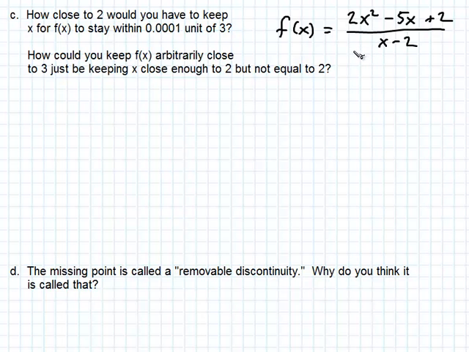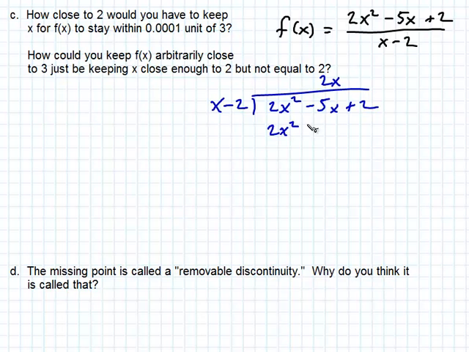And I think this will be a little bit easier to work with if we do the division. That's commonly the case in problems like this. Okay, let's just do the division outright to start with and put this in a little bit simpler form. So if I divide x minus 2 into 2x squared minus 5x plus 2, x and 2x squared goes 2x. 2x times x is 2x squared. 2x times minus 2 is minus 4x.